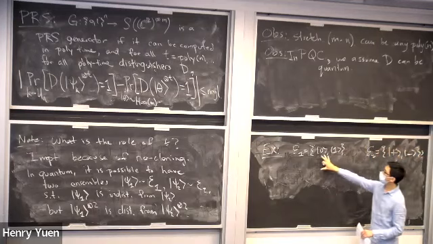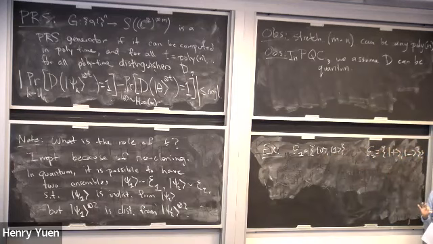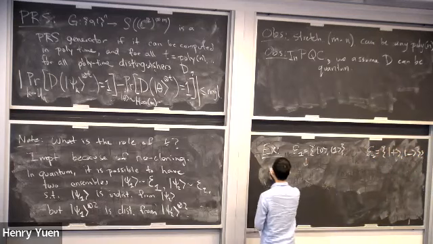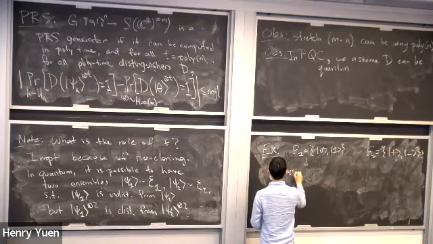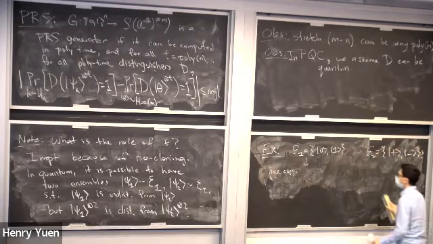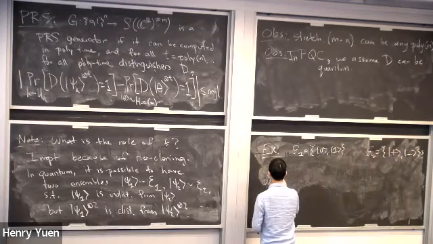So if you give someone a random state from ensemble 1, the density matrix they see is just the maximally mixed state, I over 2. They don't see the density matrix.